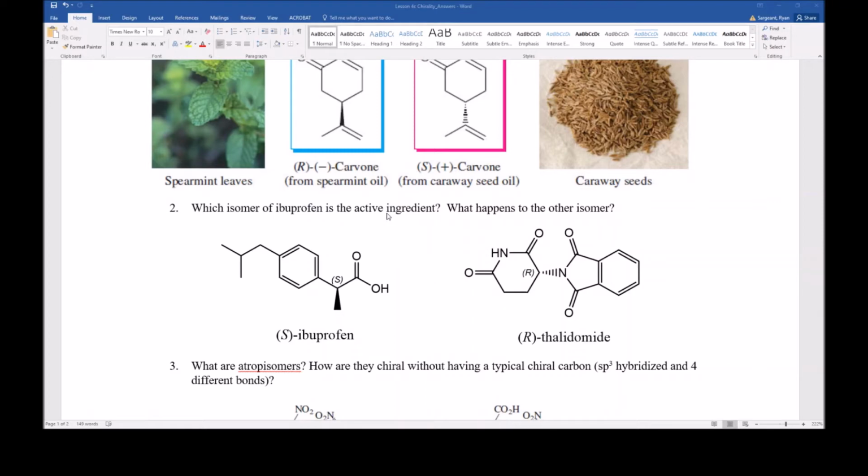As a side note, one that hopefully is interesting to you, and a little tragic, is the case of thalidomide. So this compound right here also has a single chiral center, and what I've shown here is R-thalidomide. And R-thalidomide was used as an anti-nausea drug, I believe, in the 60s and 70s, plus or minus a couple decades.